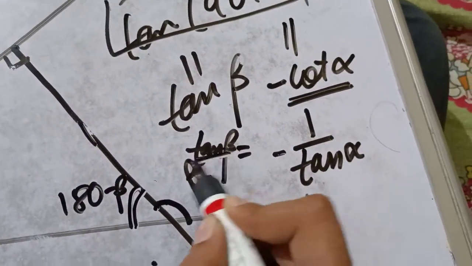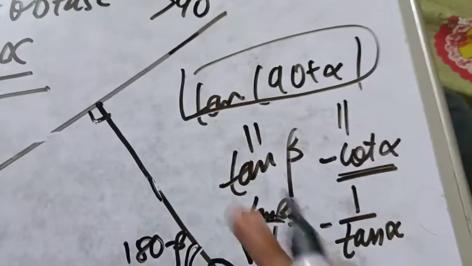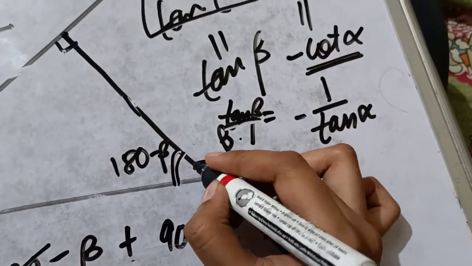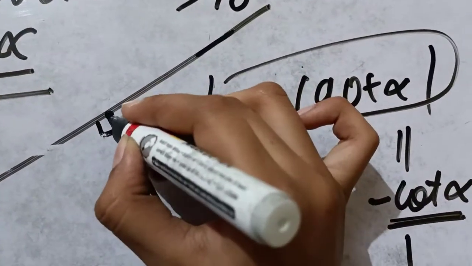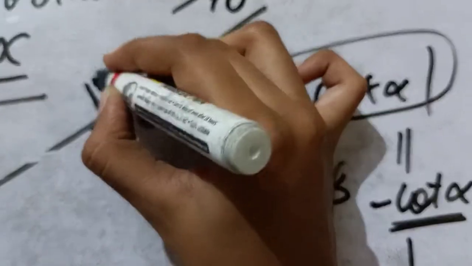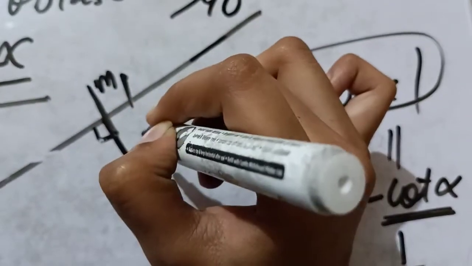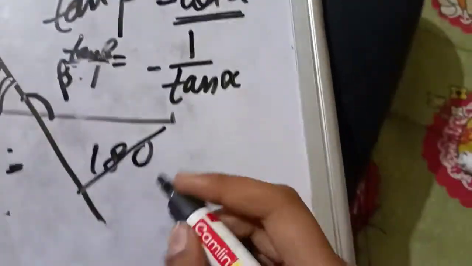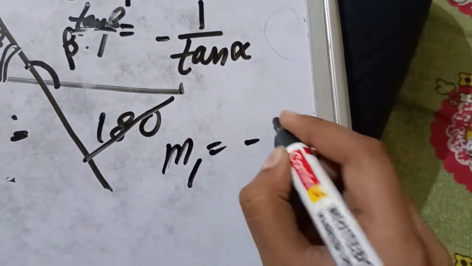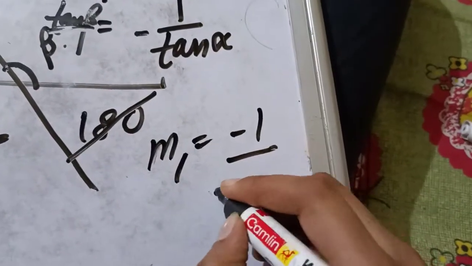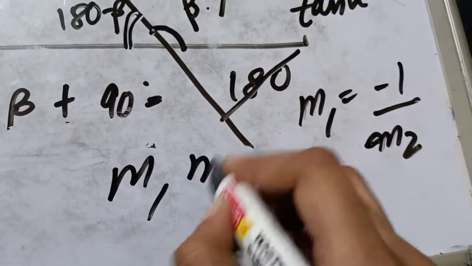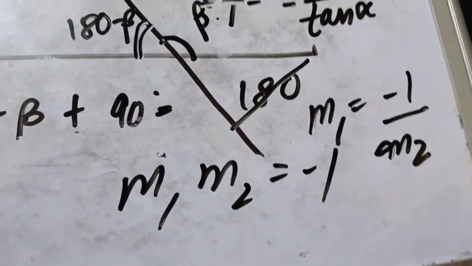This was our line number one, so the slope is m1, and this was our line number two, so this slope is m2. So m1 equals minus 1 by m2. Is that clear? That means m1 into m2 is equal to minus 1.